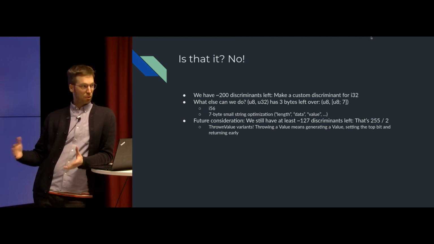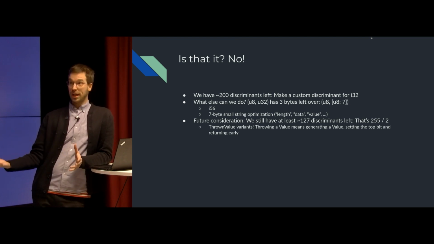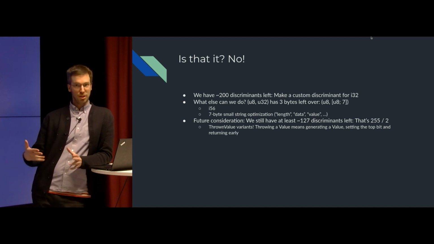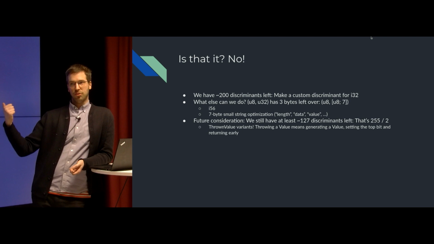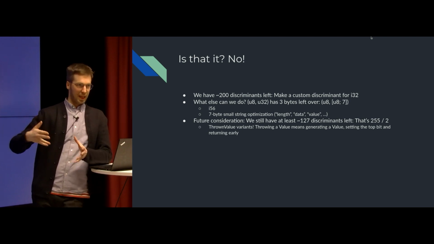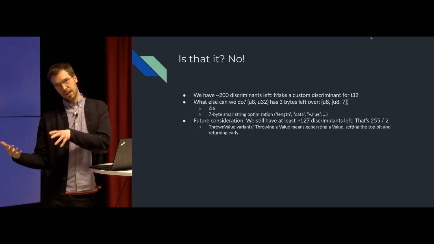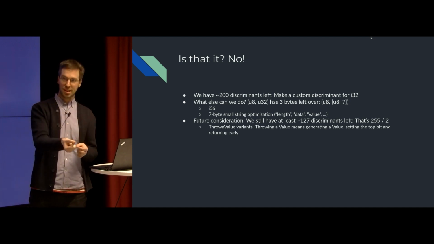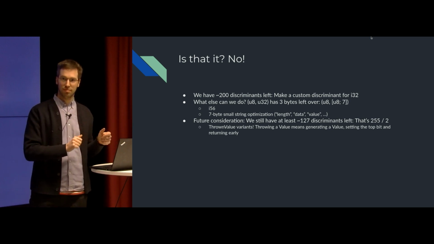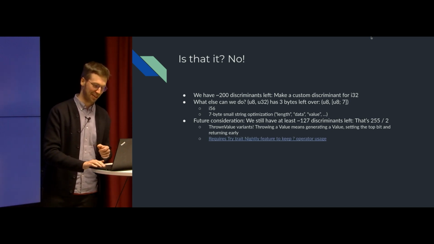In JavaScript, when you throw a value, you can throw any value. It's not that you need to throw an error. You can throw an undefined, you can throw a null, you can throw whatever. So if we make sure that we're never using the top bit of our representation value, we can essentially turn throwing a value into just setting its top bit and then returning it. That's kind of lovely. I like that a lot.